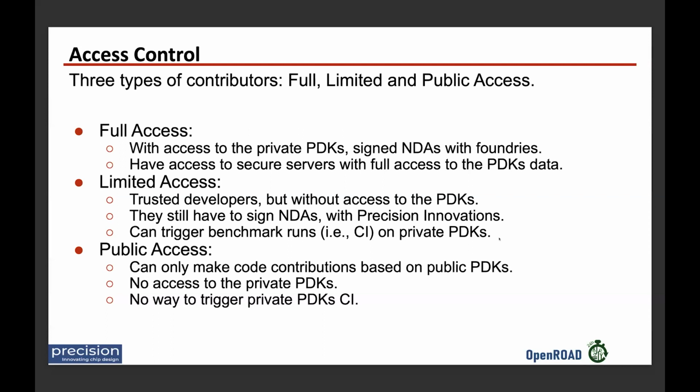We also have limited access contributors. These are trusted developers, and although they don't have access to the PDK data, they still have to sign an NDA with Precision Innovations. This allows them to trigger benchmark runs, meaning the CI, on the private PDKs.